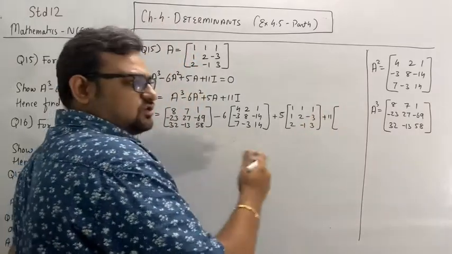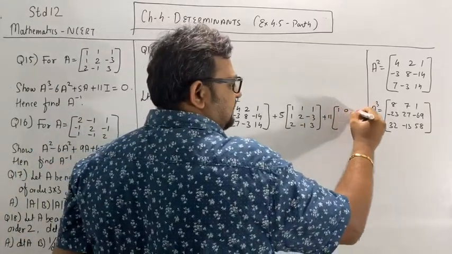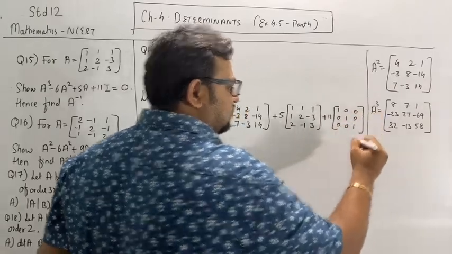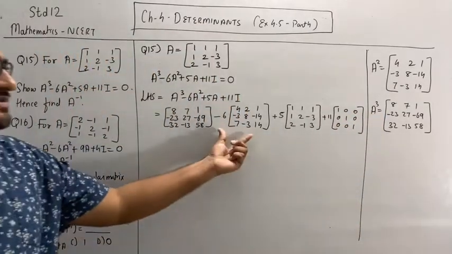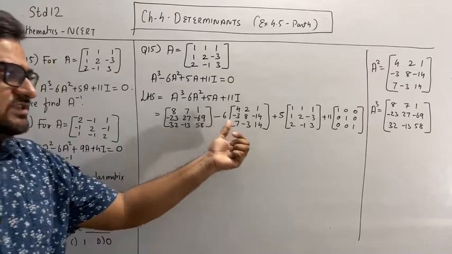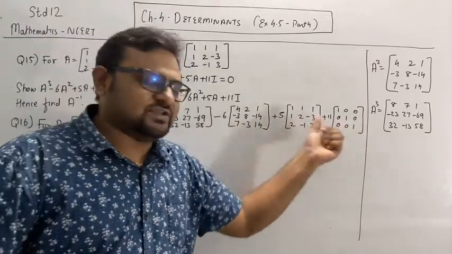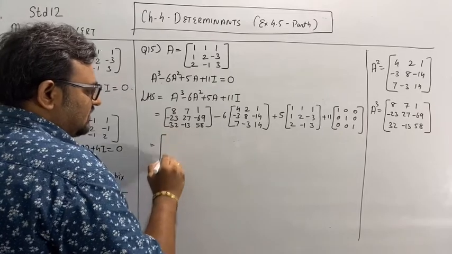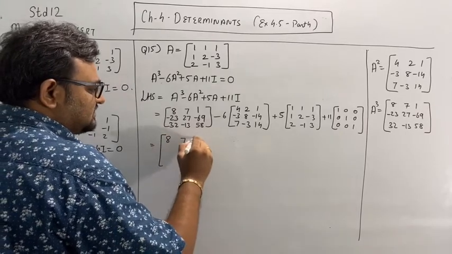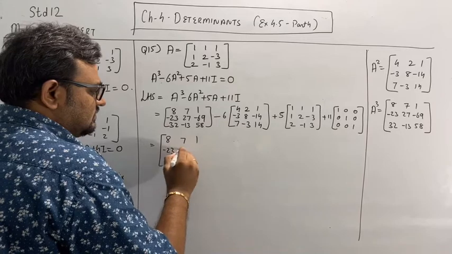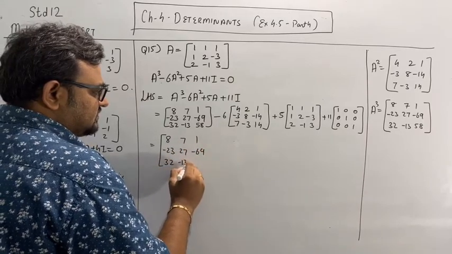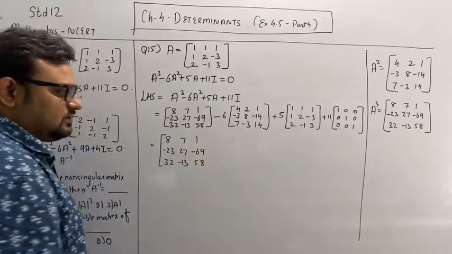I will take a 3 cross 3 identity matrix: 1, 0, 0, 0, 1, 0, 0, 0, 1. So first let's multiply this matrix with the scalar 6. This is the 5 and this is the 11. So this matrix will be as it is: 8, 7, 1, minus 23, 27, minus 69, 32, minus 13, 58.